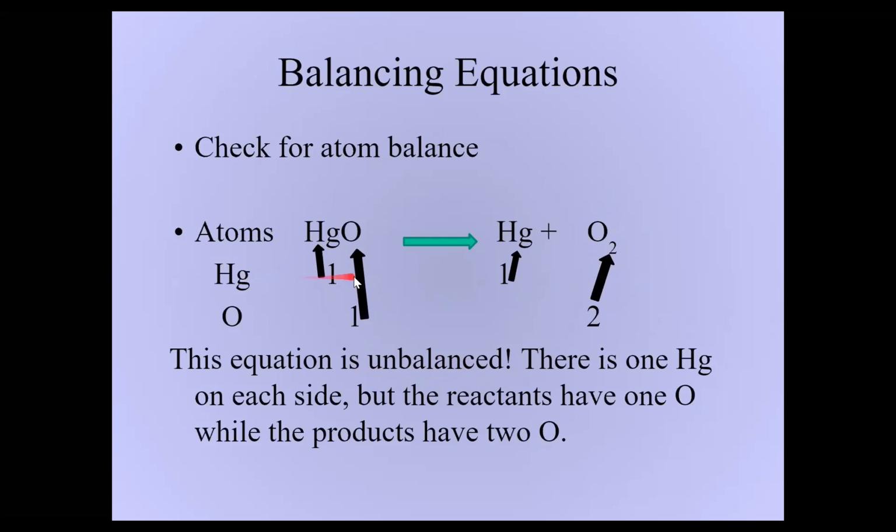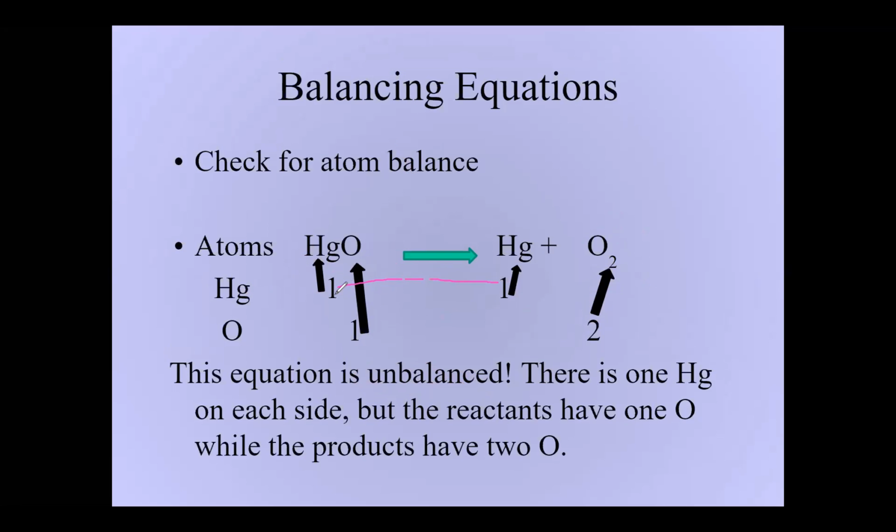So our Hg's are balanced with each other, right? We have one Hg in the reactants, one Hg in the products. So that's nice and balanced. But our oxygens are not balanced.